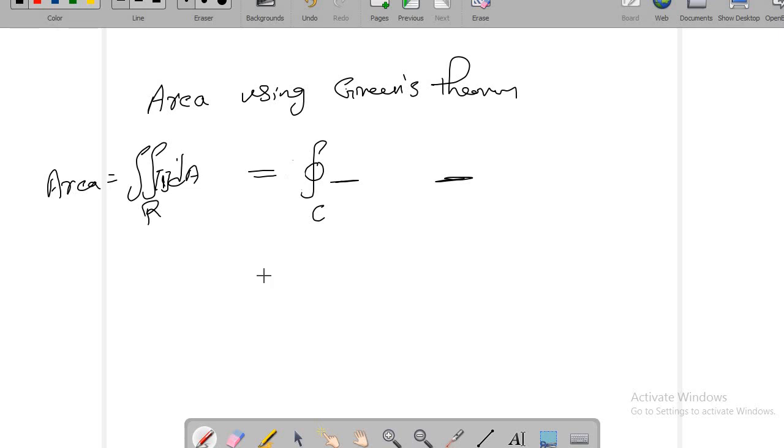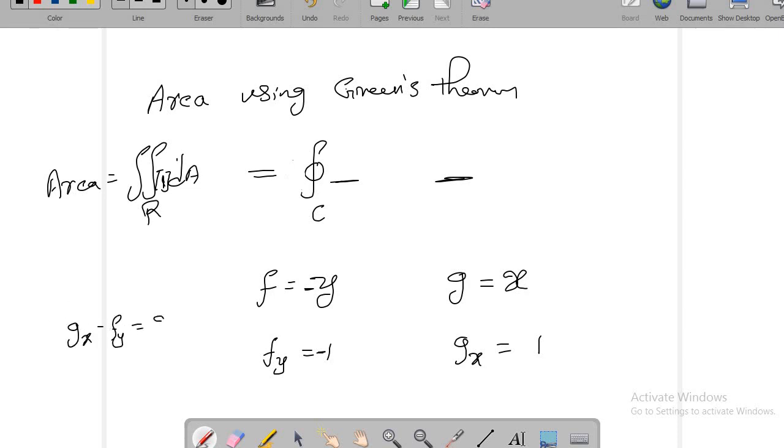Right now I'm going to take f equal to y and g equal to x. If I do that, f_y will be 1, g_x will be 1, but both will get cancelled. g_x minus f_y will give me 0, but I don't want 0, so I'll take negative y here so that I get negative 1. So g_x minus f_y will give me 2. So here I'm getting 2.